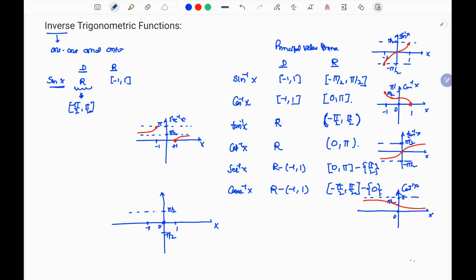Therefore, since 0 is excluded, the graph will approach 0 but will not meet it. So we will have the graph like this, and here it has the value -pi/2 at -1. The graph will approach 0 in this way. This is the graph of cosec inverse x.